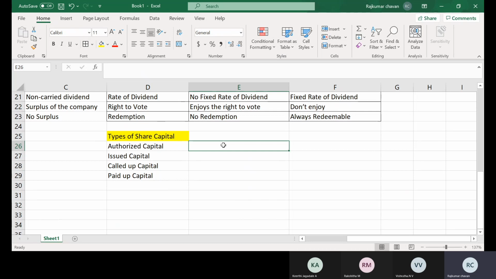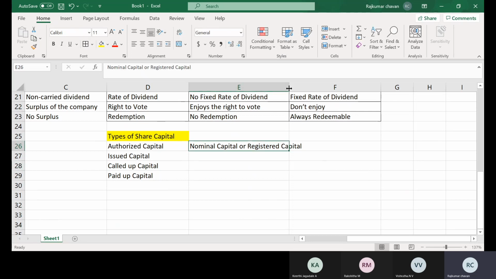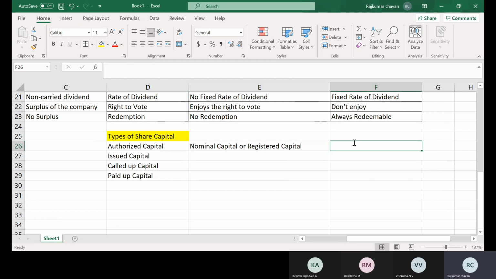Usually they will disclose authorized capital. It is also called nominal or registered capital. What is the meaning of authorized capital? It is the maximum capital which a company can raise from the market.